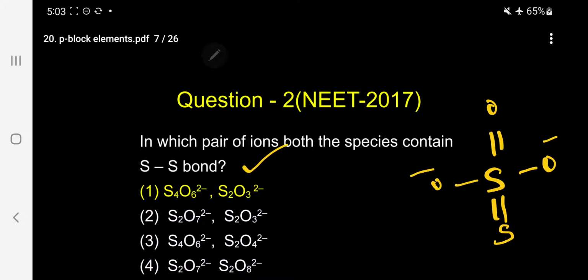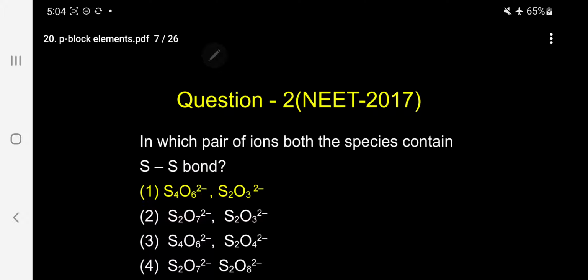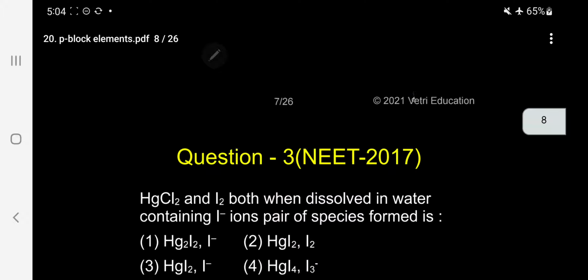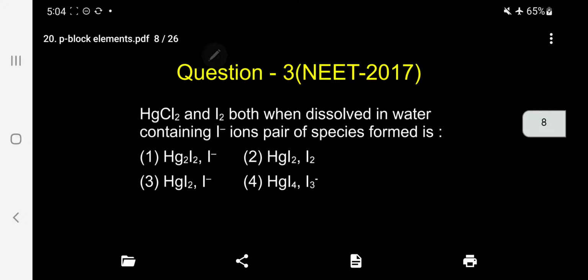This is the S2O3 2 minus. Again there is an S-S bond. So A is the correct answer. If you understand the structure, you can answer. This is a memory based question. Question number 3.